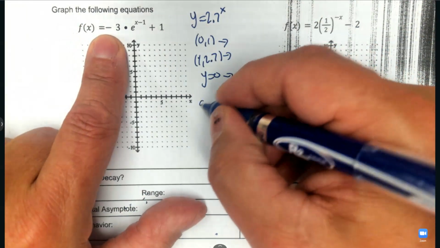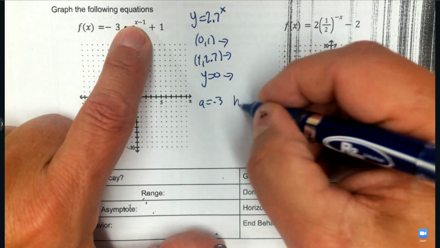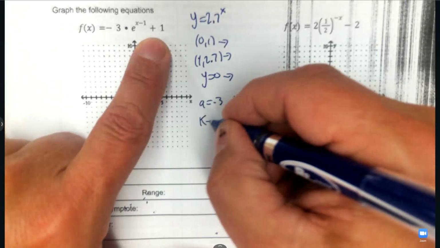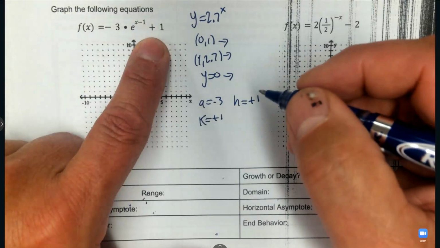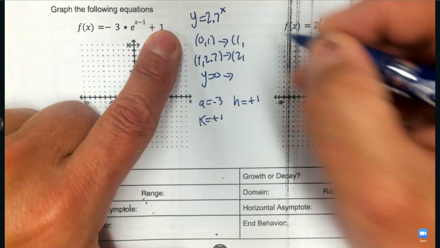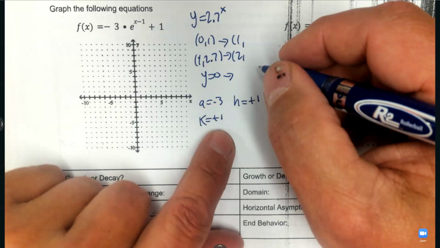What changes things? So a is negative 3. H, the inverse, we're going to add 1. And then k, we're going to add 1. That changes the y. So to the x, we're going to add 1. To the y, we're going to multiply and then add 1.